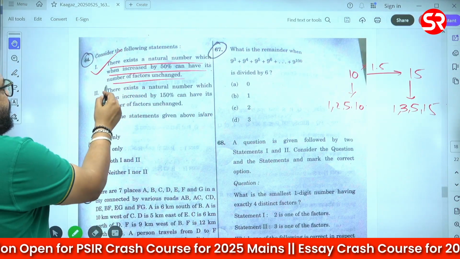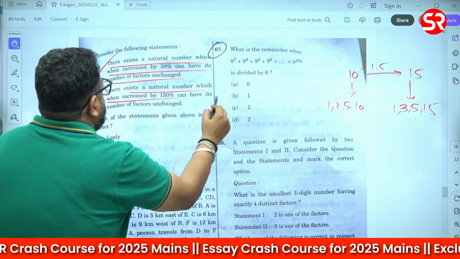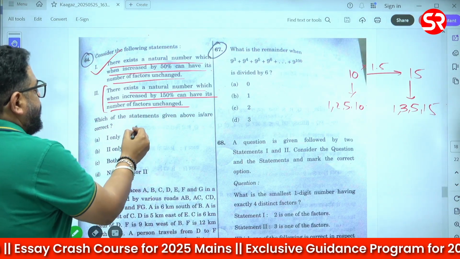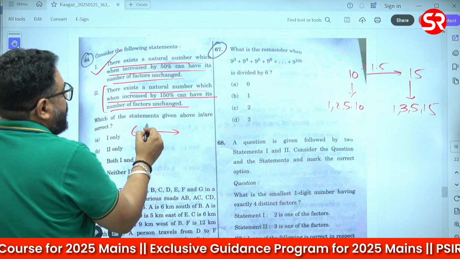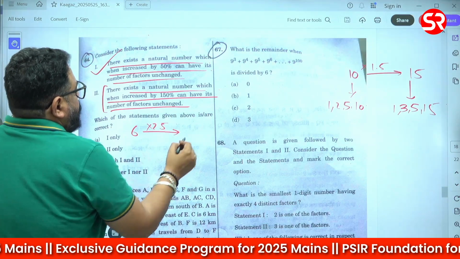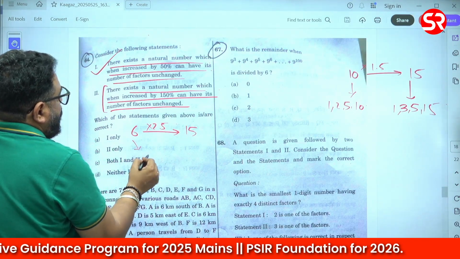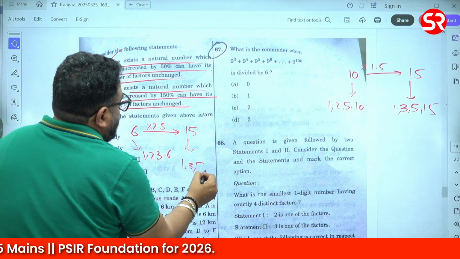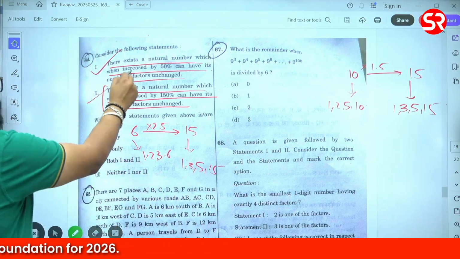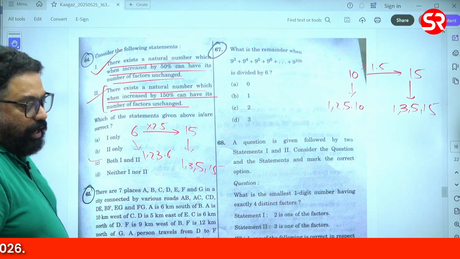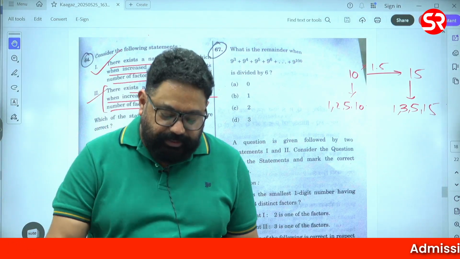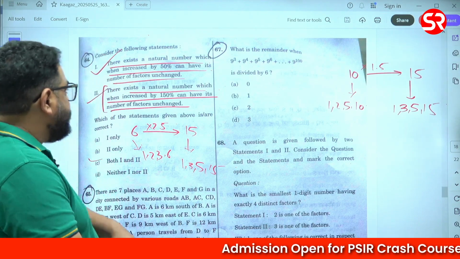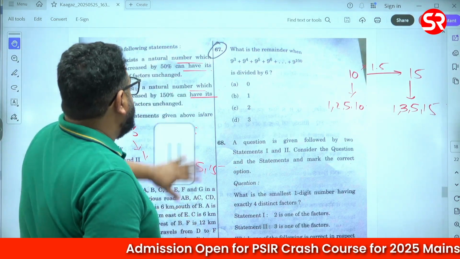And then he says there exists a natural number which when increased by 150% can have number of factors unchanged. 6 increased by 150% is multiplied by 2.5 comes out to be 15. Factors of 6 are 1, 2, 3 and 6. Factors of 15 are 1, 3, 5 and 15. Yes, true. So both 1 and 2 are actually working over here. चलेगा? चलेगी.